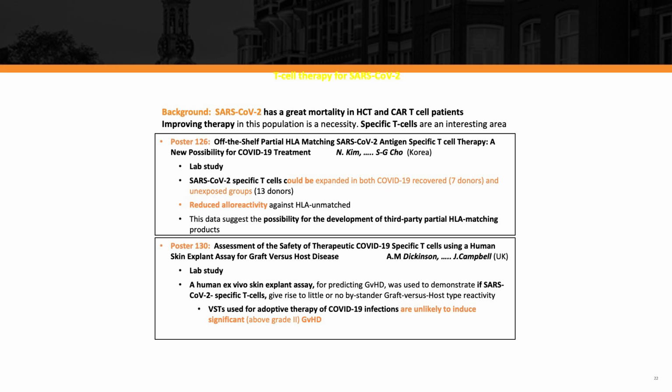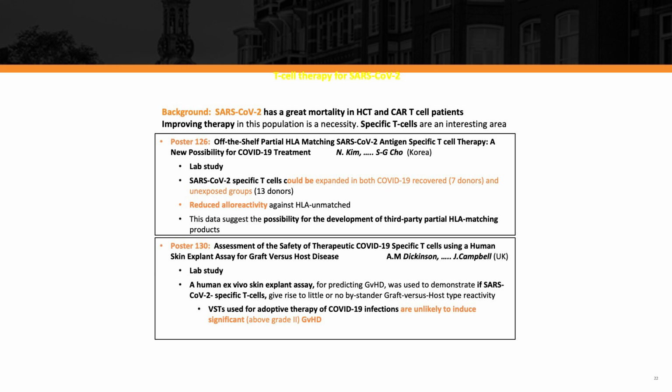The first one shows that it's possible to expand, in both patients recovered from COVID and unexposed patients, these specific T-cells against SARS-CoV-2 with reduced alloreactivity. That is good. And this opened the possibility to use these cells as treatment of these patients.